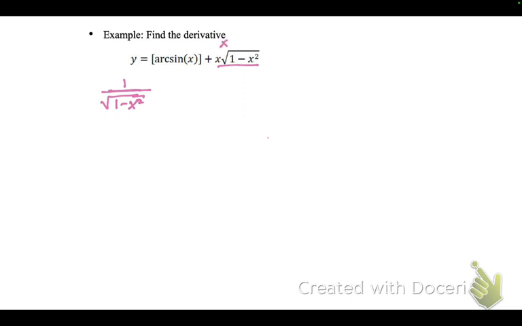So this is x times 1 minus x squared to the 1/2. The derivative of x is 1, so I have 1 minus x squared to the 1/2 plus first times the derivative of the second, so that would be 1/2 times 1 minus x squared to the negative 1/2 times negative 2x.